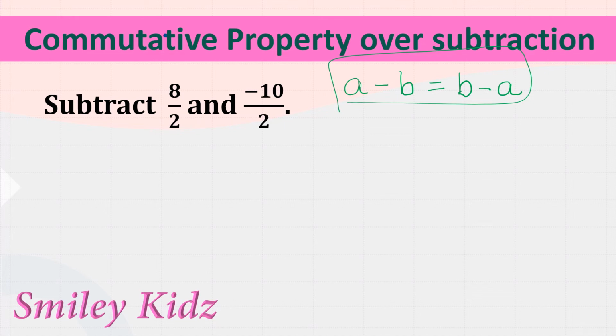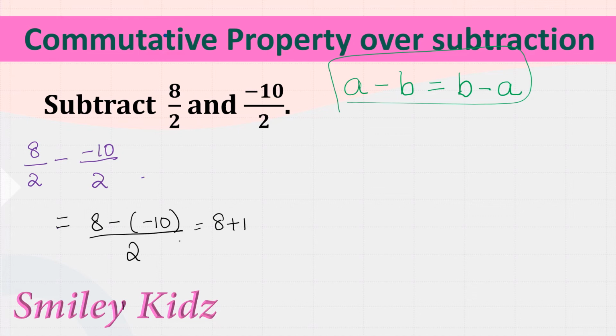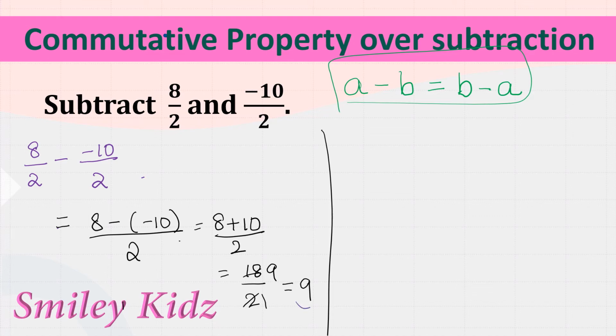First, let's do A minus B, that is 8 by 2 minus minus 10 by 2, which is equal to 8 plus 10 by 2, which is 18 by 2. 2 times 1 and 2 times 9, that is equal to 9. So when we did A minus B, we got the answer as 9.